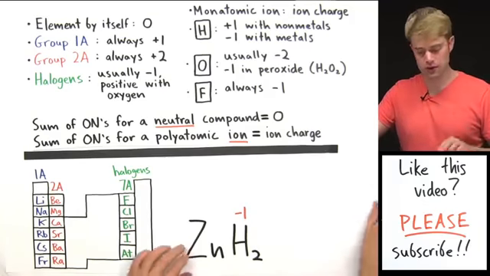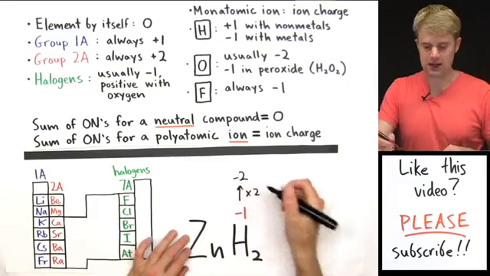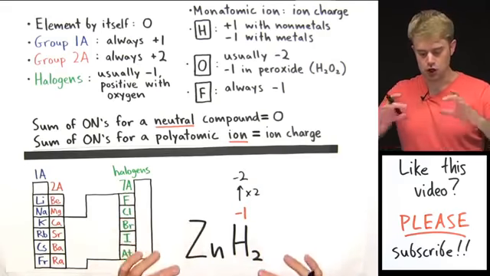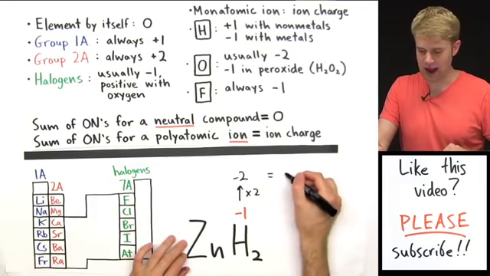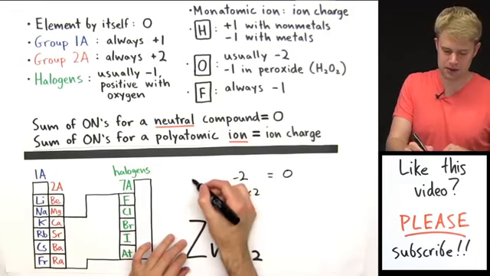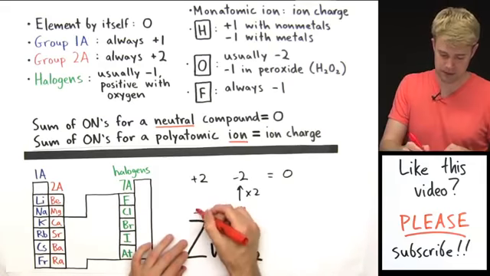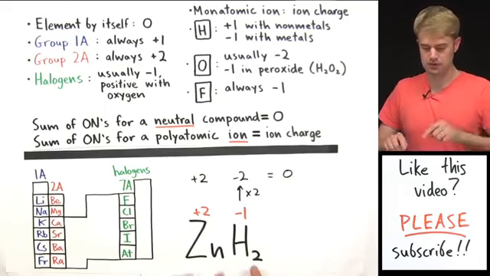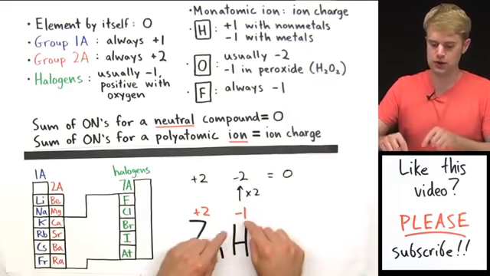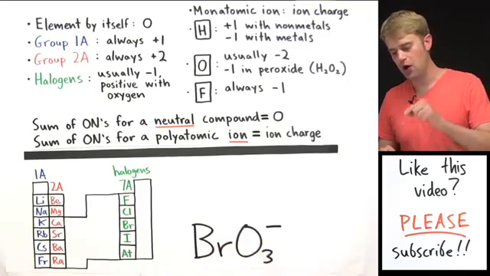But we have 2 of these hydrogens, so it's going to be -1 times 2, which gives us -2. Since this is a neutral compound, whatever zinc is plus -2 has to give us 0. So that means that zinc's oxidation number must be +2 here. So we got +2 for zinc and -1 for hydrogen, because the hydrogen was with a metal, so it has a -1 oxidation number.